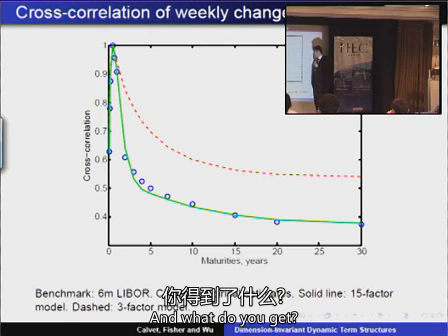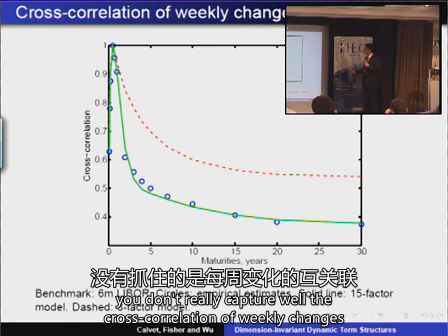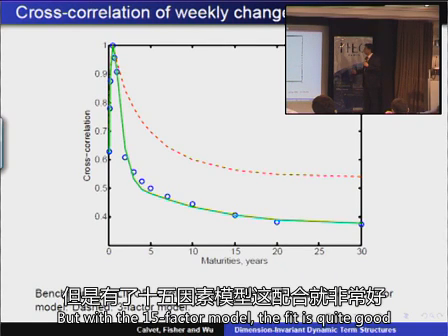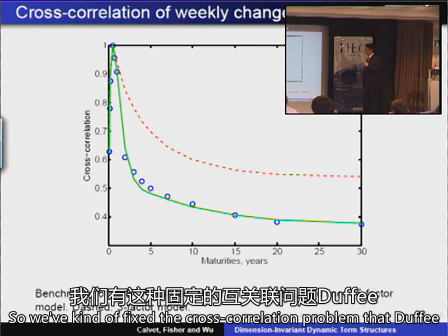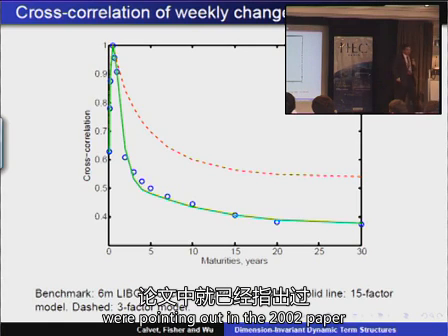What you get is that with a 3-factor model, you really miss out. You don't capture well the cross correlation of weekly changes, but with the 15-factor model, the fit is quite good. So we've kind of fixed the cross correlation problem that Singleton and Dai were pointing out in their 2002 paper.